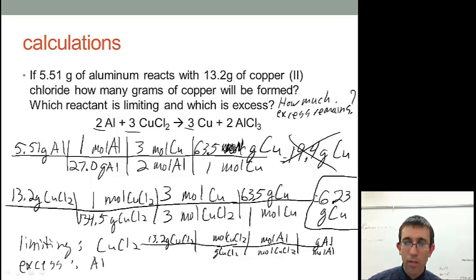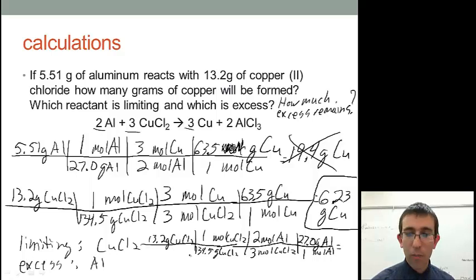to grams of aluminum. Alright, mole and gram together, my mole is 1. My mass from copper 2 chloride I already did, so I'm just going to put it in, 134.5. My mole and mole together, coefficients, my coefficient for aluminum is 2. My coefficient of copper 2 chloride is 3. Mole and gram together, my mole is 1. The mass of aluminum is 27.0 from the periodic table.